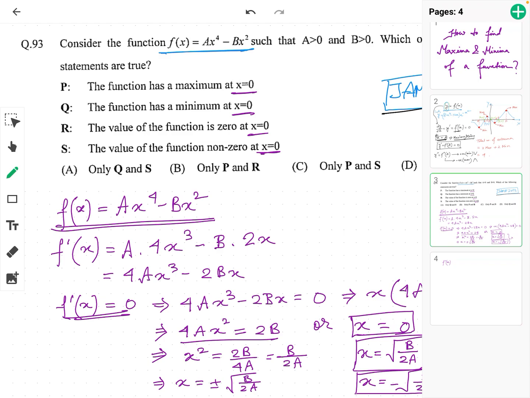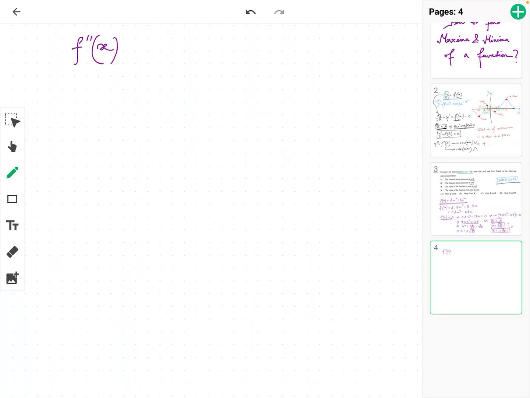It was ax^4 minus bx^2, and if we take the first derivative, it gave us 4ax^3 minus 2bx. 4ax^3 minus 2bx, it was the first derivative.